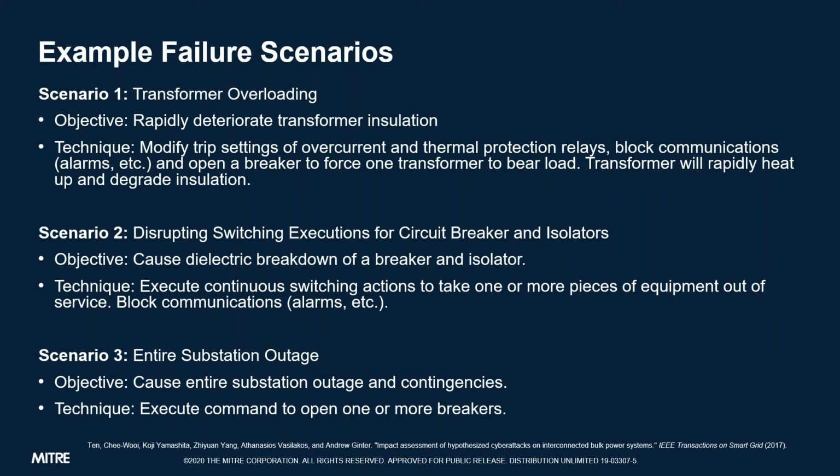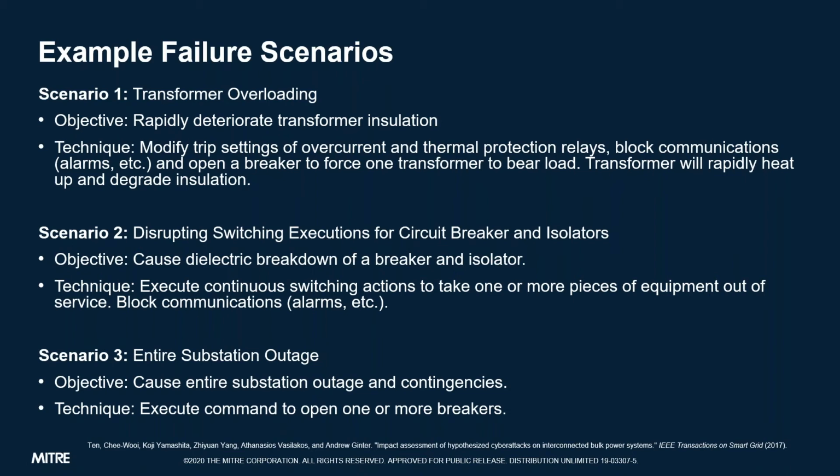Scenario two deals with disrupting switching execution for circuit breakers and isolators. Here we're trying to cause dielectric breakdown of breakers and isolators, and we do this by continually executing switching actions against a piece of equipment.